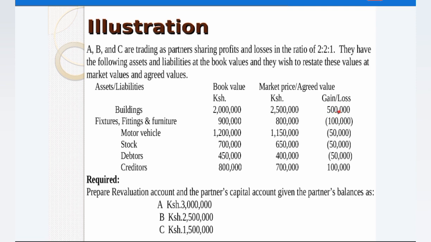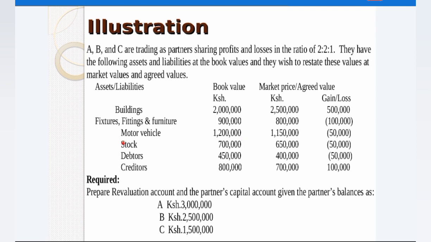a gain of 500,000. The furniture, fittings and fixtures, a book value of 900,000, a market value of 800,000 with a loss of 100,000. Motor vehicles, a book value of 1.2 million, a market value of 1.15 million, and a loss of 50,000.